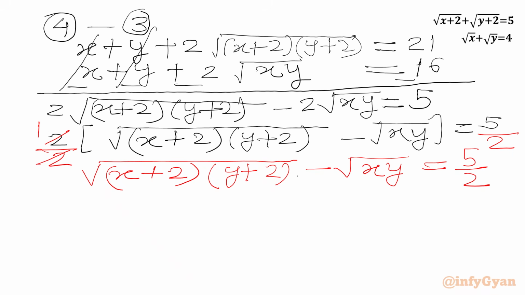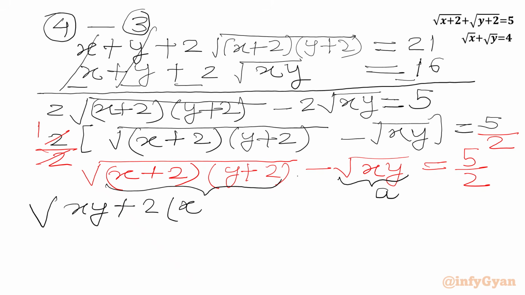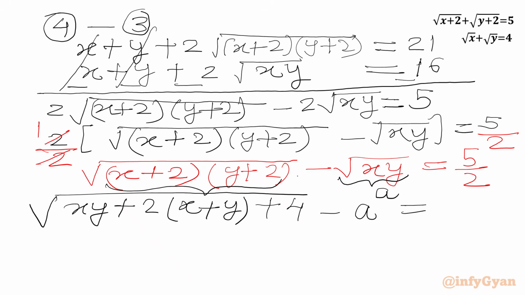Now square root xy is our substitution a. Here we can write a. And here we will multiply these two brackets first. So square root of xy plus 2 times x plus y plus 4 minus a equal to 5 over 2. We'll add a to both sides. So we can write 5 over 2 plus a in RHS.